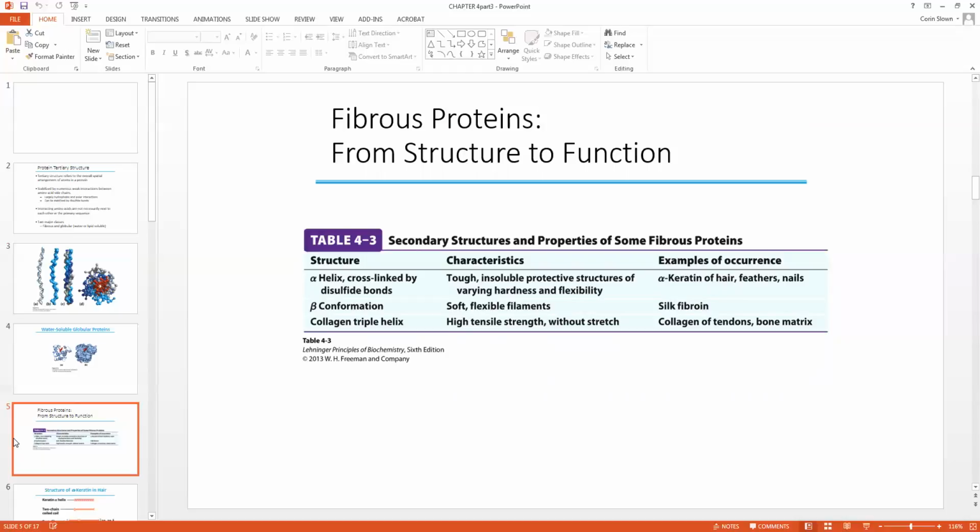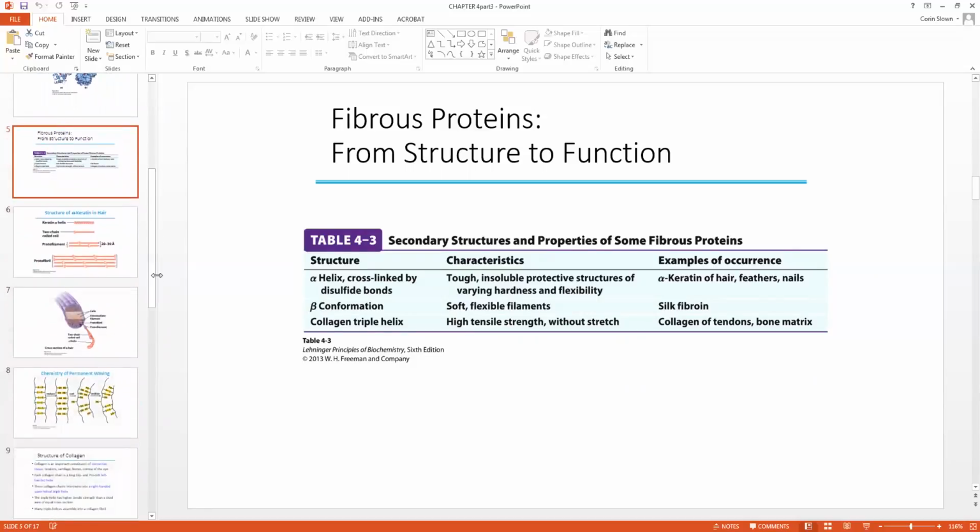And collagen has very high tensile strength, but no stretch. So these are examples of where we find these proteins. The alpha keratin of hair, feathers, and nails are all alpha helices, whereas silk is an example of a beta conformation, and the collagen that we see in tendons or bone matrix would be an example of the collagen triple helix.